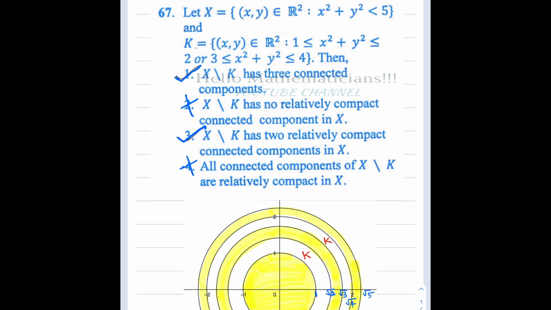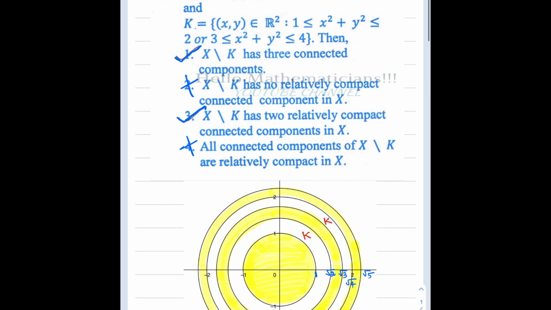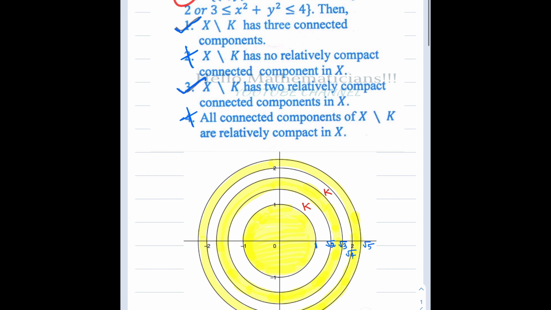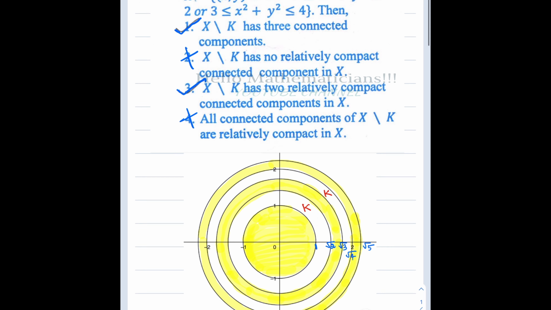Here 'or' means union: the points satisfying this condition, union the points satisfying this condition. Therefore K is the union of these two white color regions along with their boundaries.